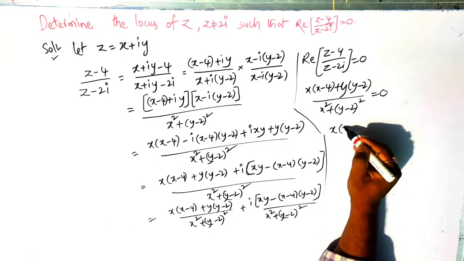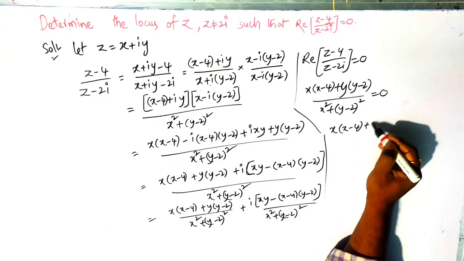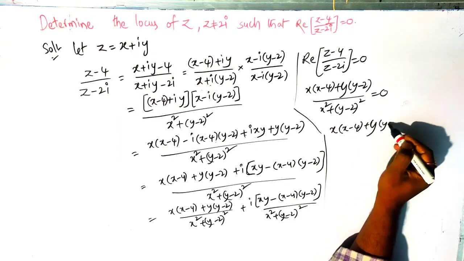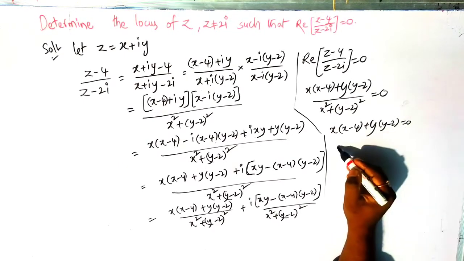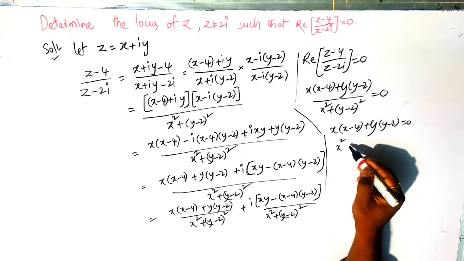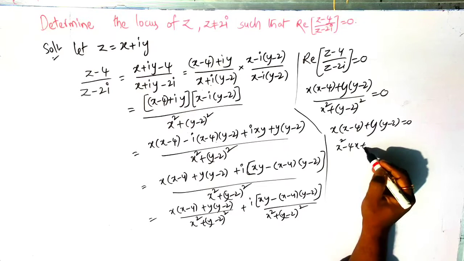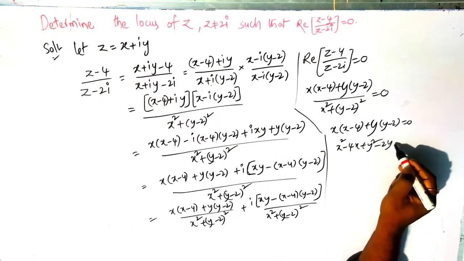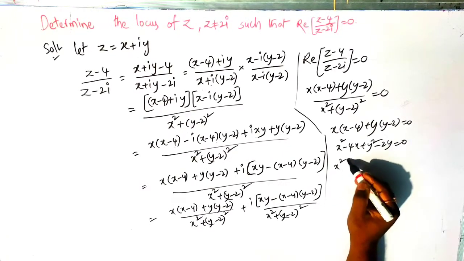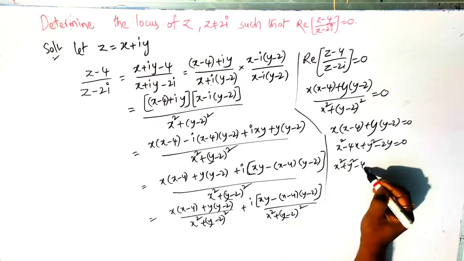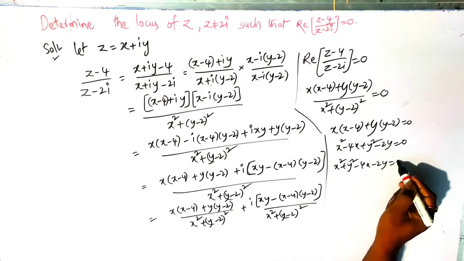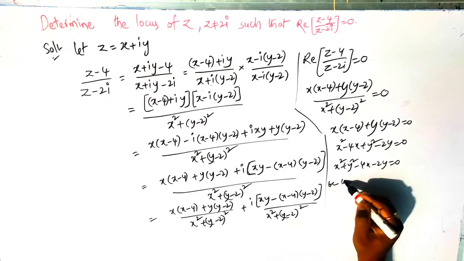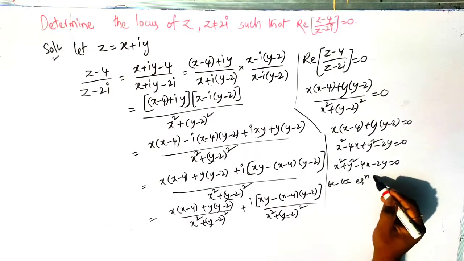So x of x minus 4 plus y of y minus 2 is equal to 0. Simplifying, x square minus 4x plus y square minus 2y equals 0. Therefore x square plus y square minus 4x minus 2y equals 0 is the equation of the locus.